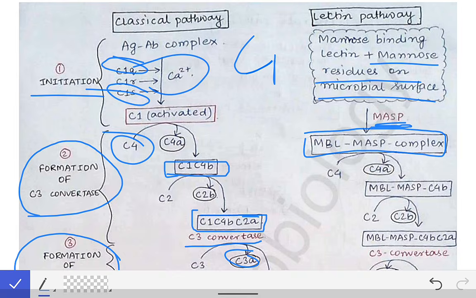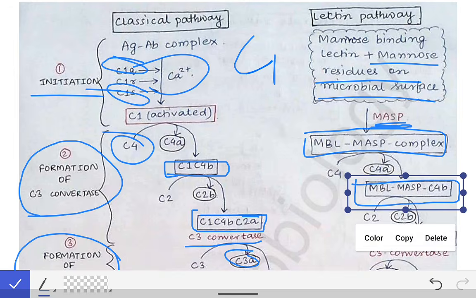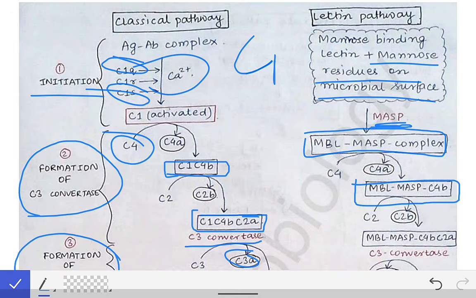The next complex that we get here is the MBL MASP and C4b. Now this acts as an enzyme for the C2 complement protein, and the C2 complement protein is further broken down into C2b and C2a.